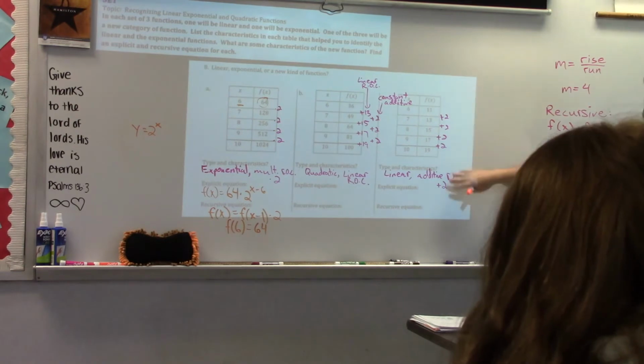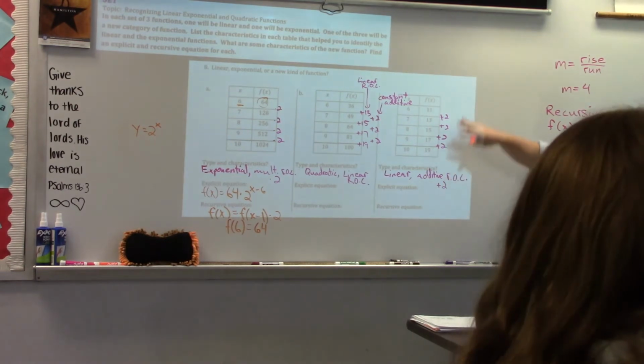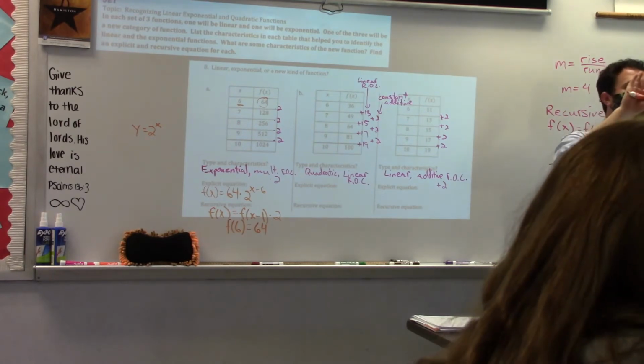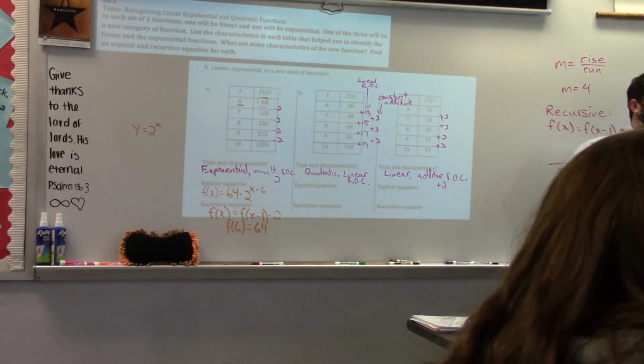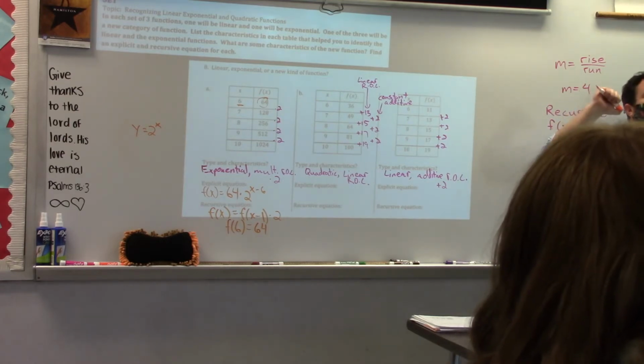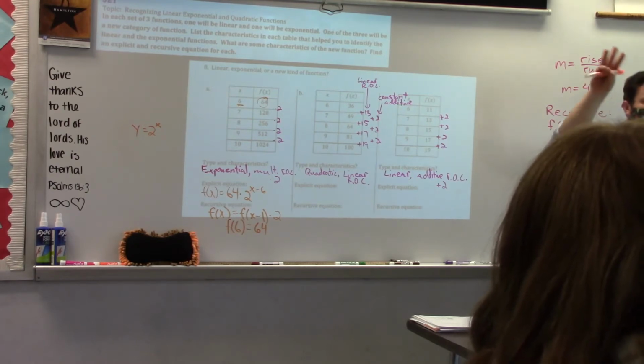This is what type of function? Linear. So we've done this a lot, right? What are the 3 main linear explicit equations that we have studied? Slope intercept, point slope, standard.